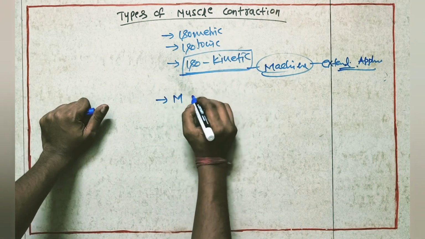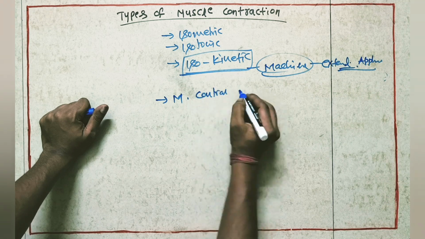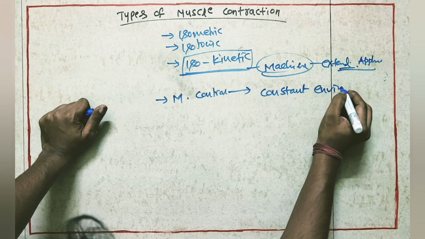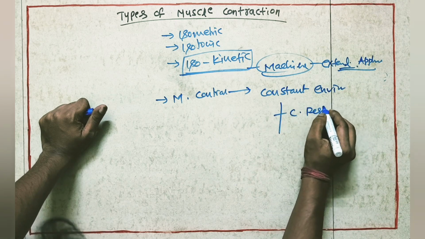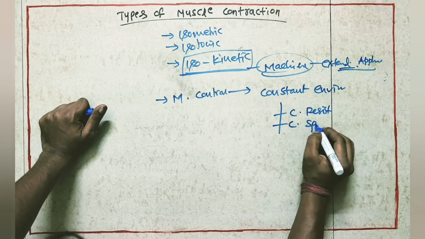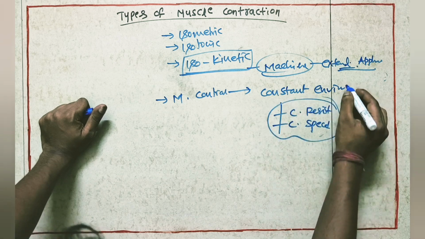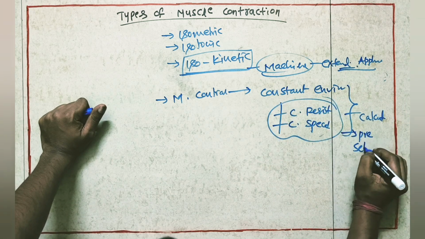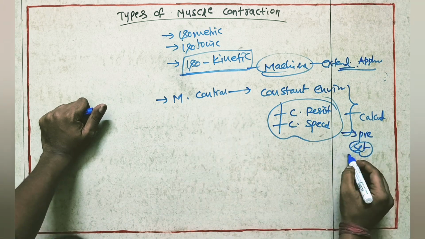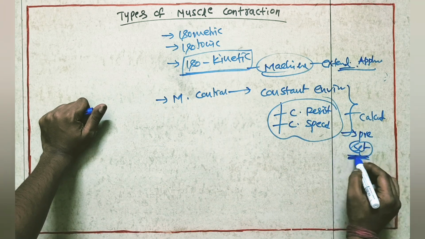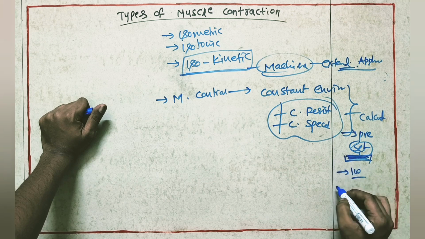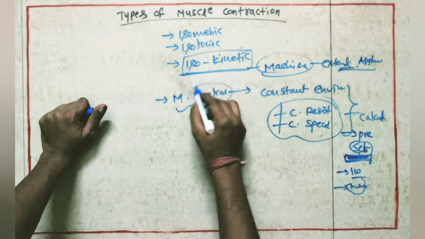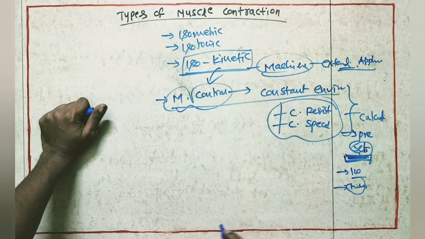Here muscle will contract under constant environment, either constant resistance or constant speed. So here everything will be calculated, and everything will be preset. Before doing movement, we will set everything on the machine: how much resistance it should come, how speed the patient can do movement. Then we'll ask the patient to do this muscle contraction, that is isokinetic contraction.